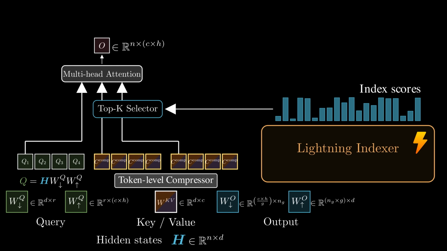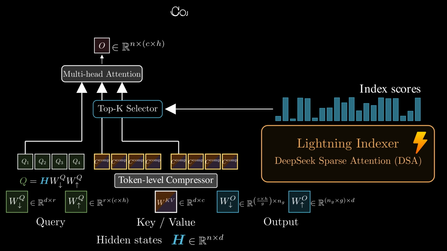This selective mechanism is known as DeepSeek Sparse Attention, or DSA. Please refer to our previous video for a deeper introduction. By combining compressed key-value entries with DSA's sparse selection mechanism, we arrive at compressed sparse attention, CSA for short.